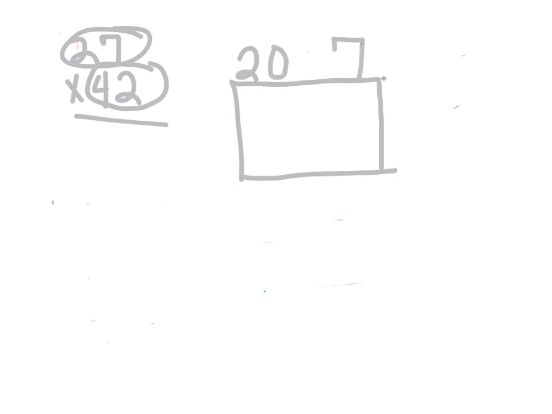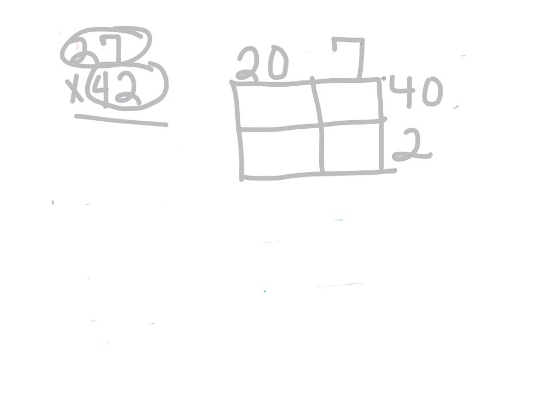And I have 2 digits here, so I'm going to make enough room for 2 digits across the side. So now I'm ready for my area model. I have 27, which is 20 plus 7. And now I have 42, which is 40 plus 2.